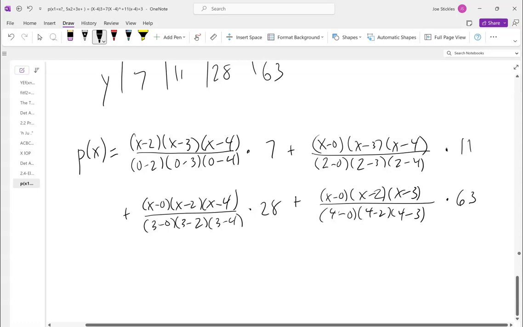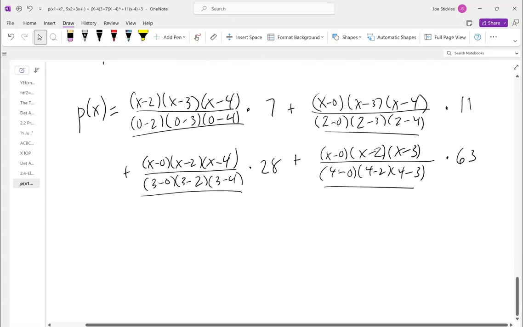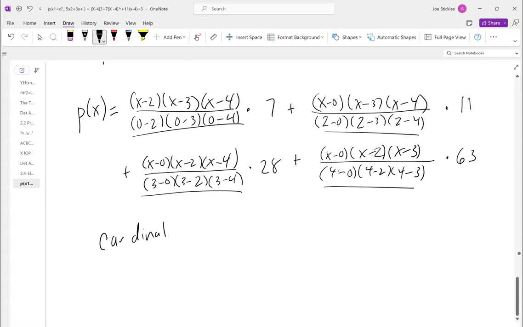All right. So these polynomials that we're finding have special names. These are what are called cardinal polynomials. They're actually called the Lagrange cardinal polynomials.